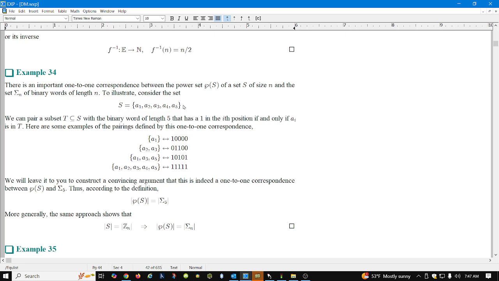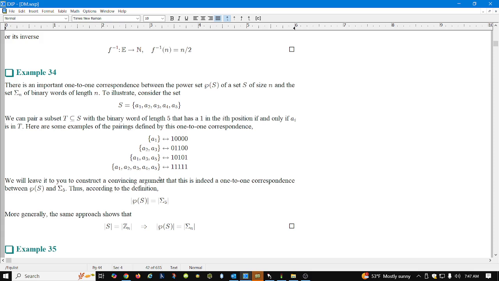It does have 5 elements, but that's sort of an issue we have to deal with later. We can pair a subset T of S with a binary word of length 5 that has a 1 in the ith position if and only if the element A sub i belongs to the subset T.